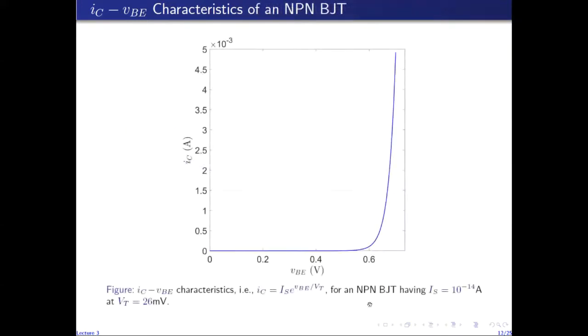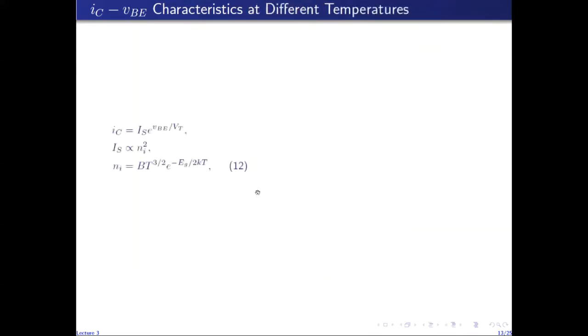Speaking of the temperature dependence of IS, we find that IC depends on temperature through not only VT but also through IS, because IS is proportional to Ni squared, the intrinsic carrier density, and the intrinsic carrier density in turn is given by this expression, in which B is a material dependent parameter, which has this value for silicon.